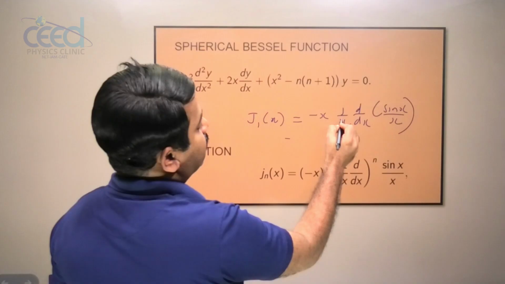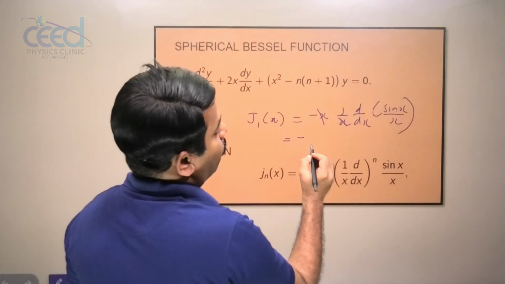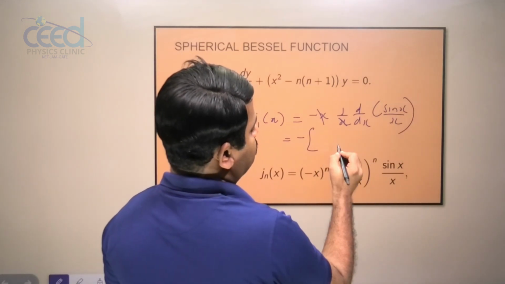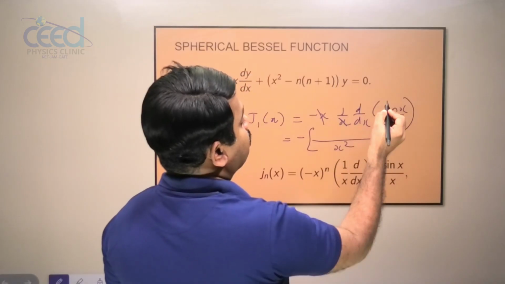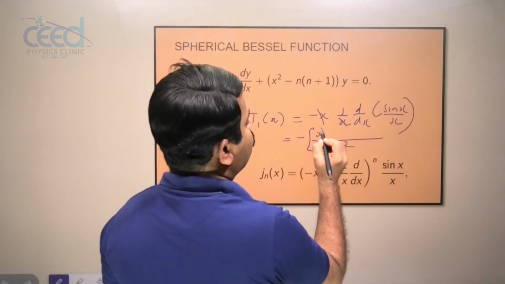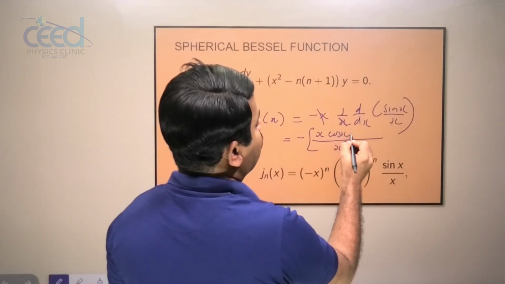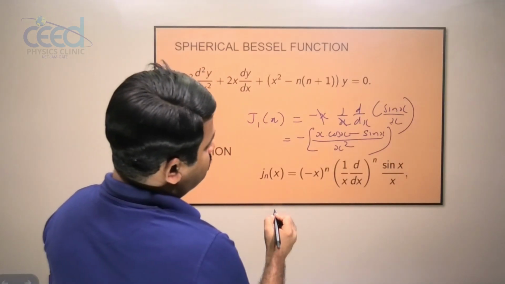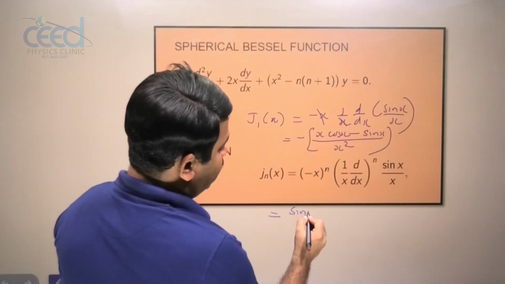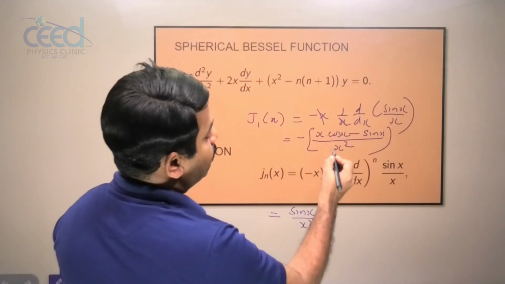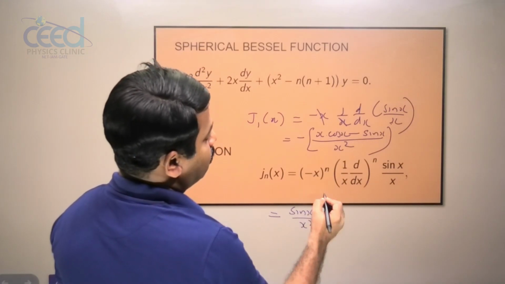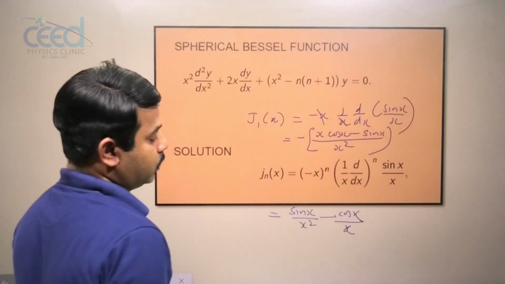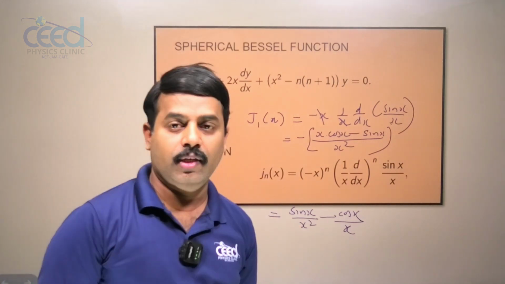Now x cancels, then minus of the differential of this: first function into denominator square, numerator into denominator into derivative of numerator, that is cos x, minus numerator into... so I can write this as sin x by x square minus, this term positive I am writing first, then cos x by x. This x cancels, minus cos x. This is the j1 of x.